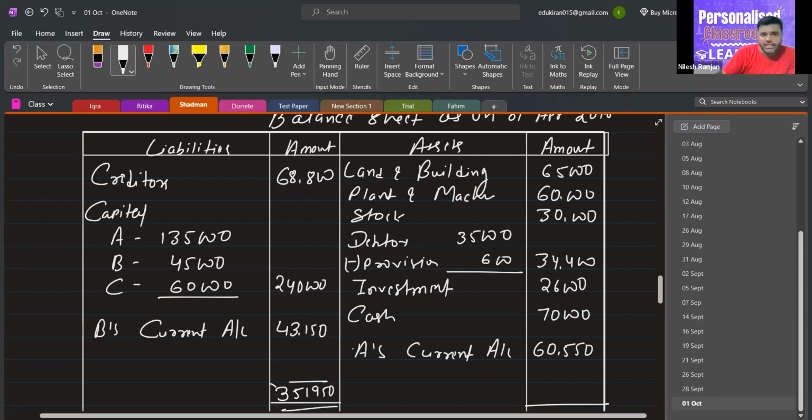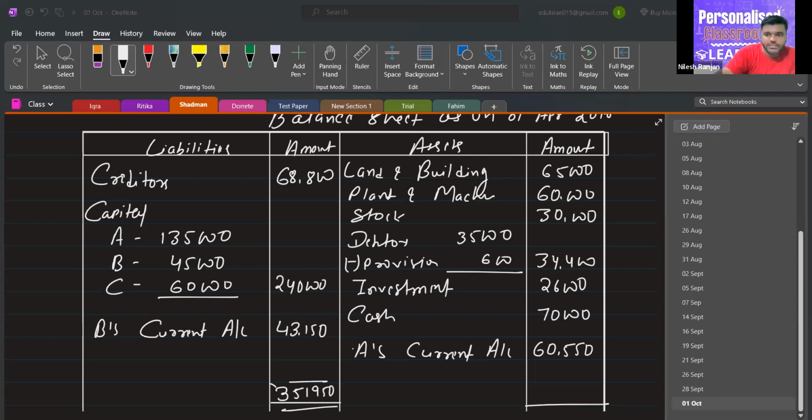On the asset side, it is 65,000 plus 60,000 plus 30,000 plus 34,400 plus 26,000, 70,000 and plus 60,550.